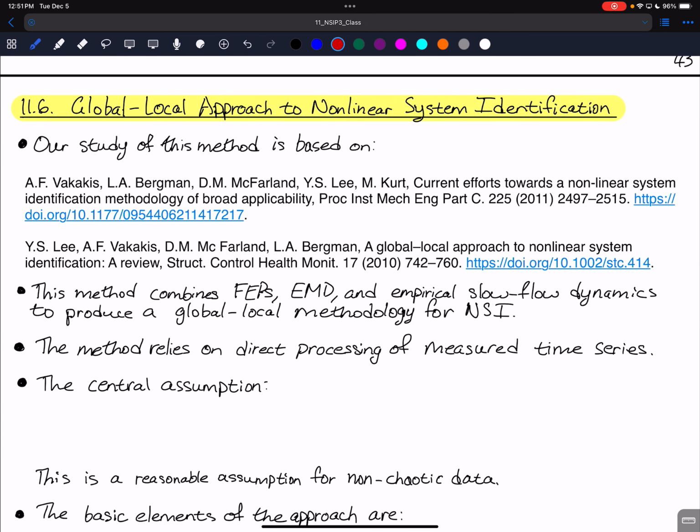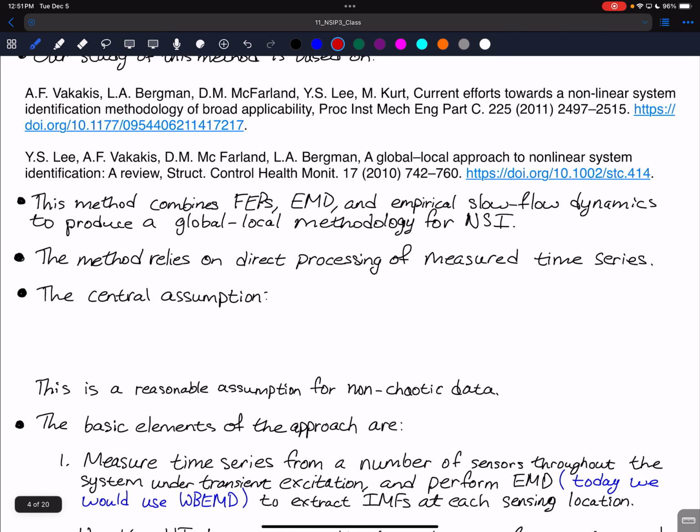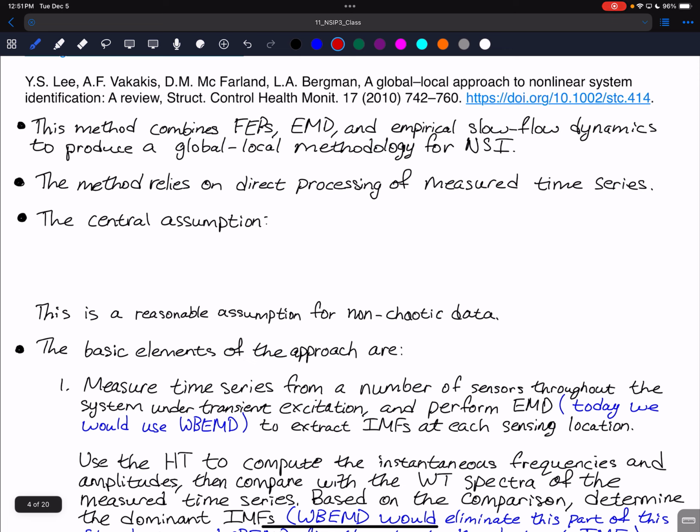And it relies directly on processing of measured time series. And so the central assumption here is that the dynamics can be decomposed. And in fact, before I do this, were there any questions about SINDy?